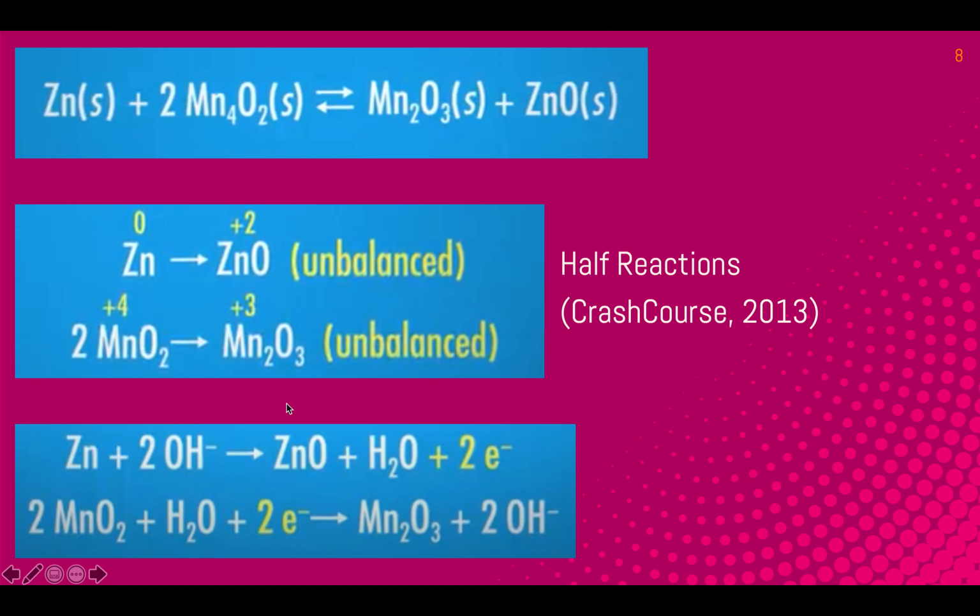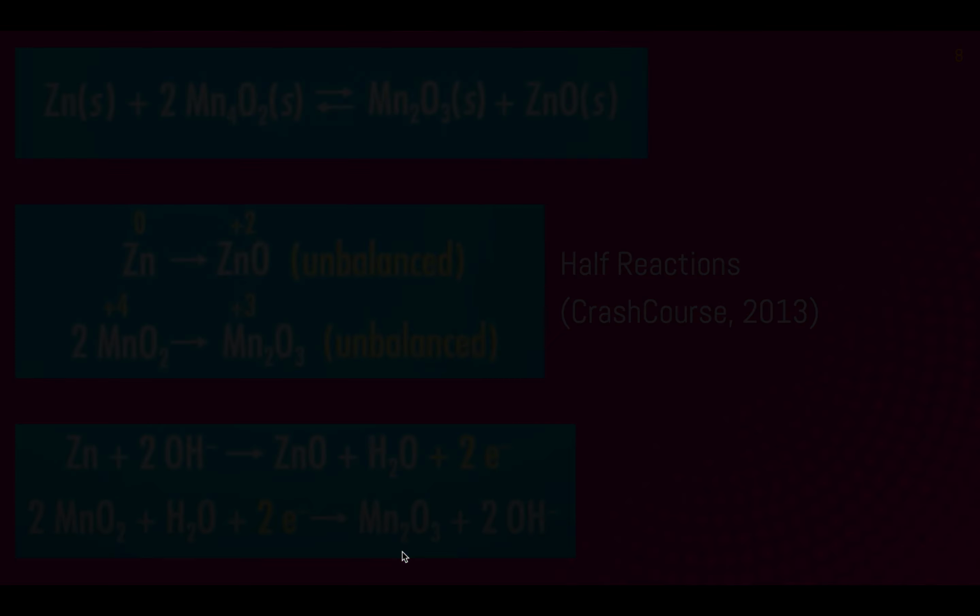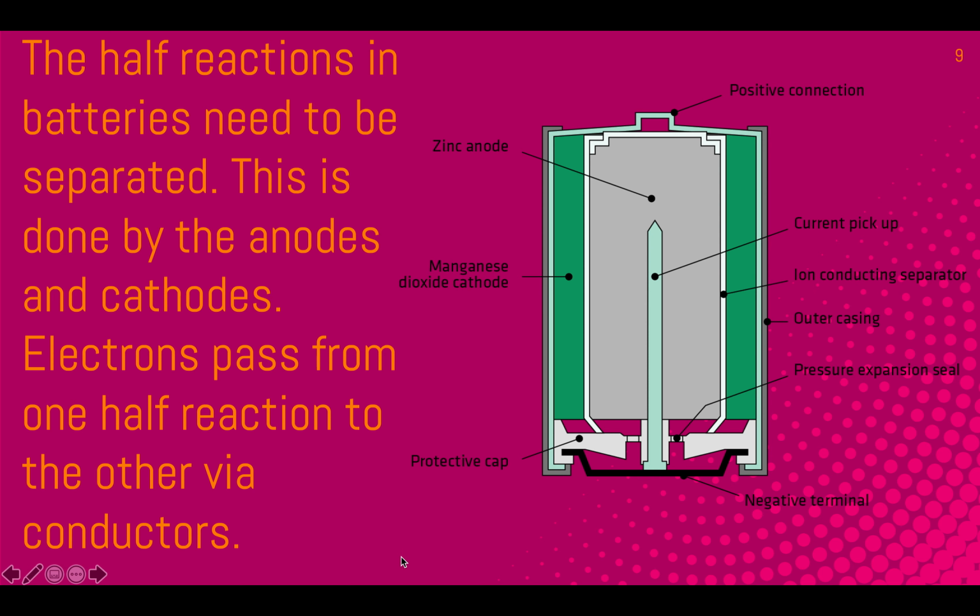So here are the two unbalanced half reactions that occur at the same time. And then once we balance the two half reactions, we see that 2 electrons are released during the oxidation of each zinc atom, and 1 electron is consumed by each manganese 4 atom.